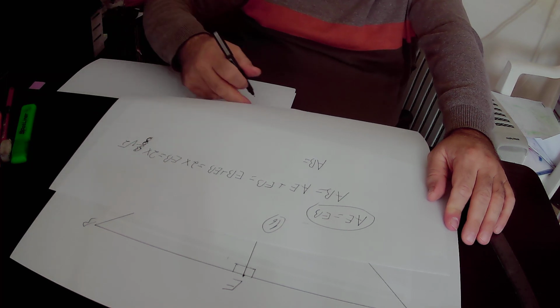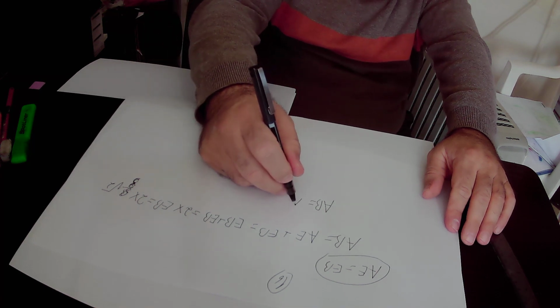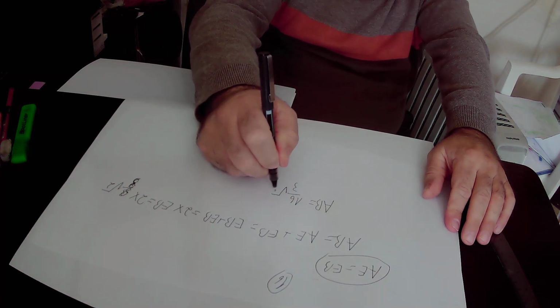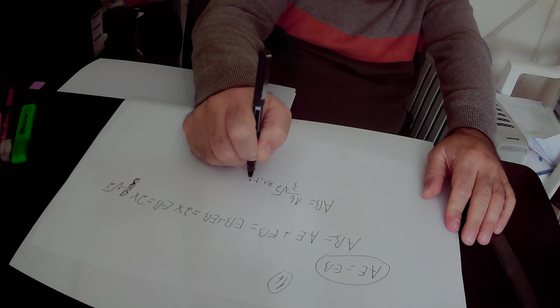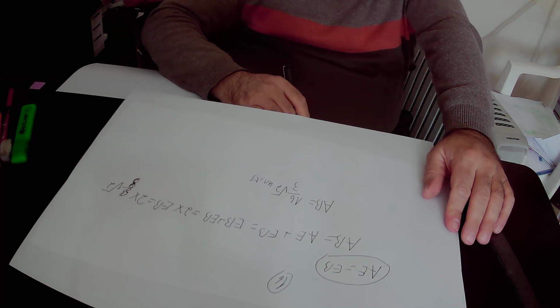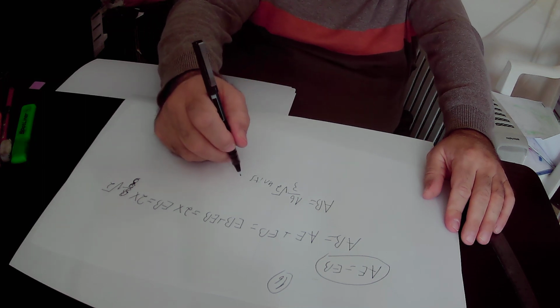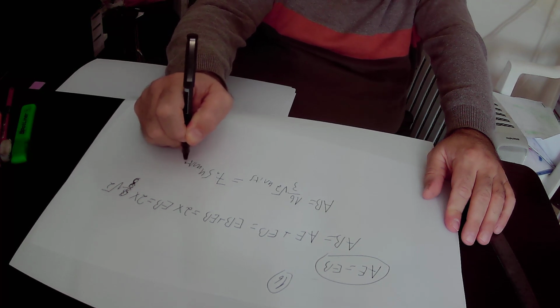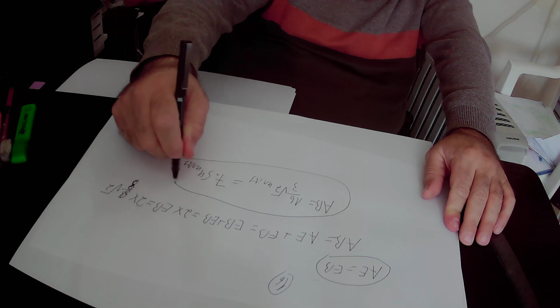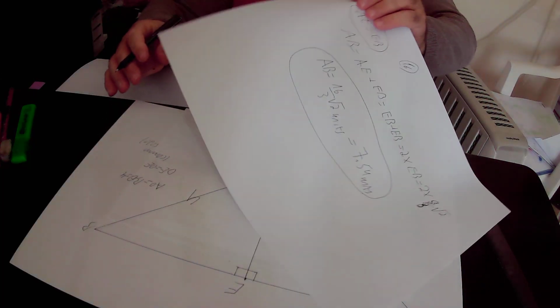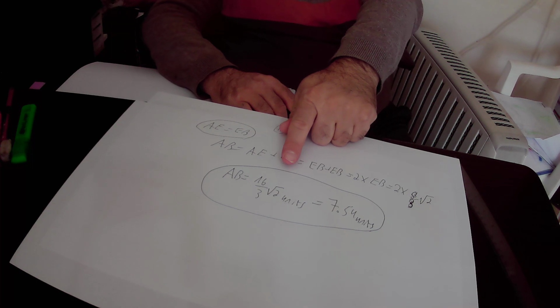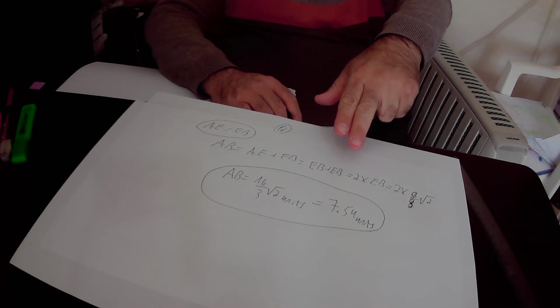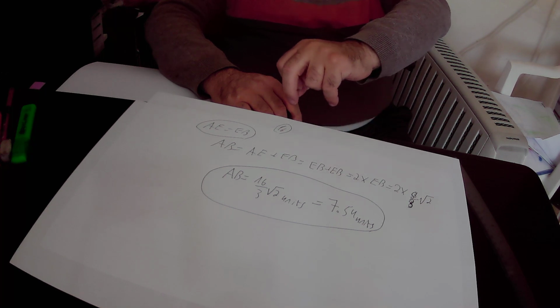In total AB equals 2 times 8, which is 16 over 3 times square root of 2 units, or in terms of numbers, AB equals 7.54 units.